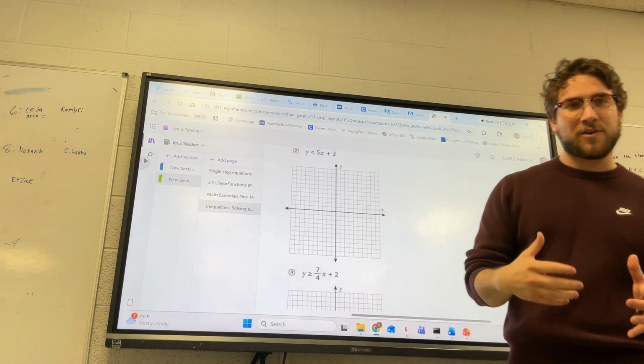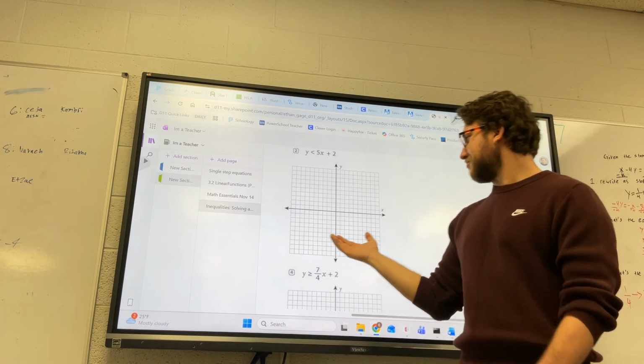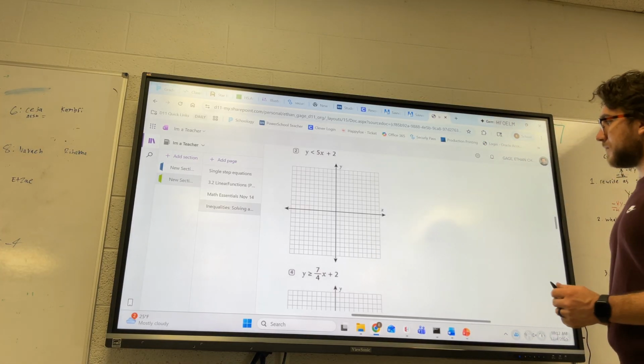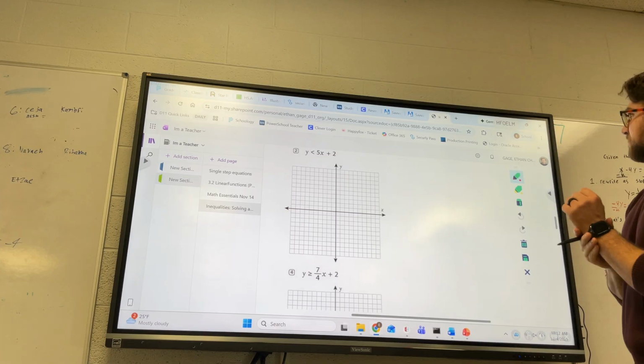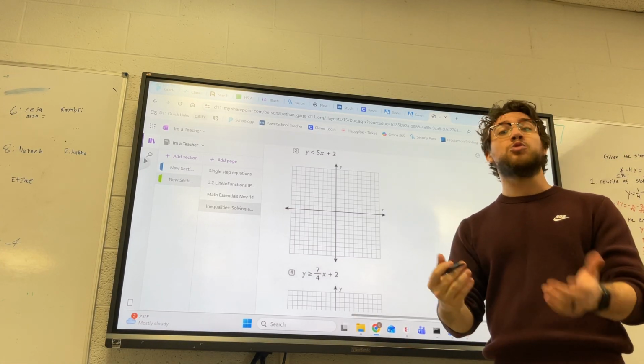We were able to graph it on a number line, and now we're going to graph it on a graph. I'm going to write down the steps that I do that you should follow as well.